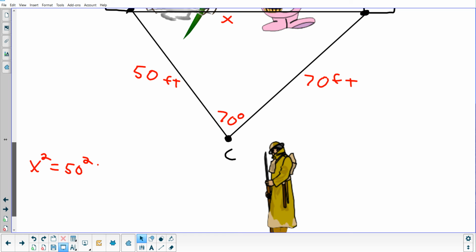Plus 70 squared, okay. Minus 2 times 50 times 70 times cosine. Would it be the cosine of 70 degrees? Yep.